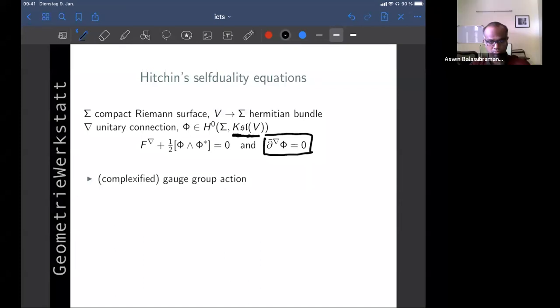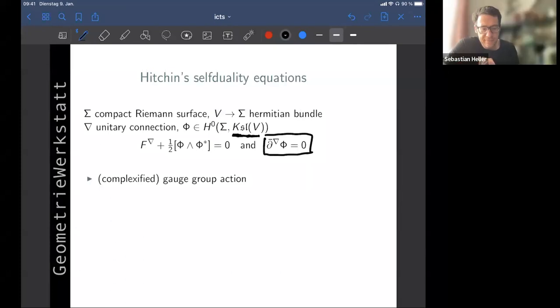So then the first observation basically is that you get a gauge group action which preserves solutions. So if you start with a solution and apply a unitary gauge transformation, you get a new solution. And likewise, if you consider a complexified gauge transformation, so not a gauge transformation which is unitary with respect to the Hermitian structure, but it's just a gauge of the bundle, then you will still get a new solution of the self-duality equations, but with respect to a different Hermitian metric.